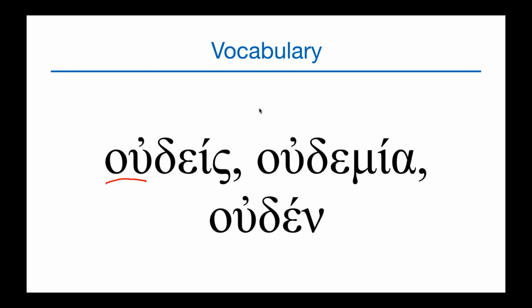So you've got the ou, then you've got the ace. This actually comes from a combination of ou plus ace. Put those together and you get no one, or sometimes nothing.